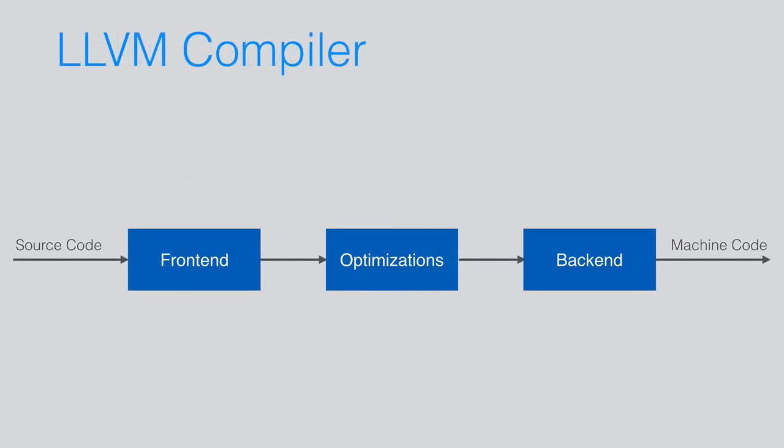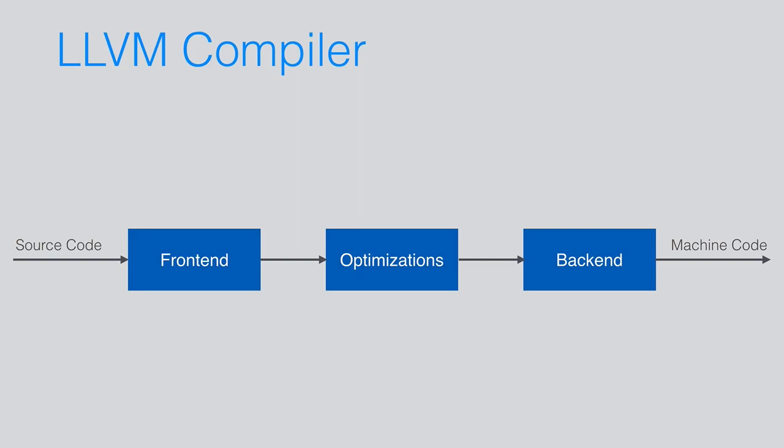But I want to get into talking about how the stuff compiles and works. So here's a diagram of a common modern compiler architecture. And this is how LLVM, which is the compiler that is used for Swift and Objective-C, works. Clang is, I forget where exactly it fits into this, but it is part of the LLVM compiler.